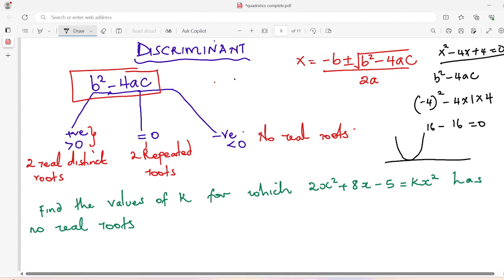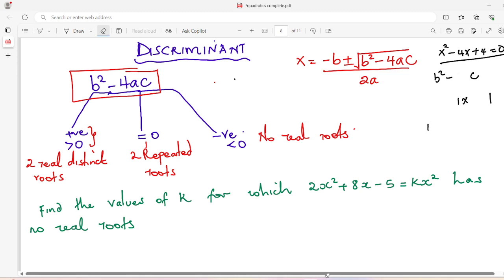Then let's also see what happens if it is negative. If the discriminant is negative, it means that quadratic equation cannot be solved. Because imagine taking the root of a negative, you end up having a math error. Or when you work it out on a calculator, you will see an i, which means an imaginary root, meaning your quadratic graph cannot cross the x-axis, meaning it has no solutions.